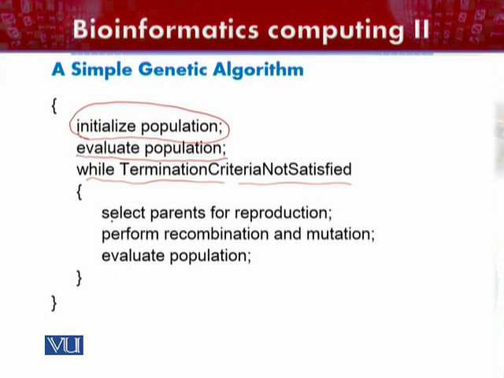After evaluation, it will again select parents for the population on the basis of fitness scores or some other criteria. There are different criteria available for selection of parents, but fitness-based selection is usually used in genetic algorithms for selecting parents for the next rounds.